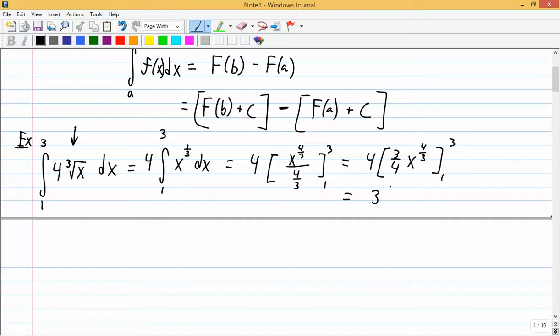So that's going to be 3 times, and now I'm evaluating that from 1 to 3. Alright, so this is 3 times, and when I plug in a 3, that's going to give me 3 to the 4/3 power minus 1 to the 4/3 power.